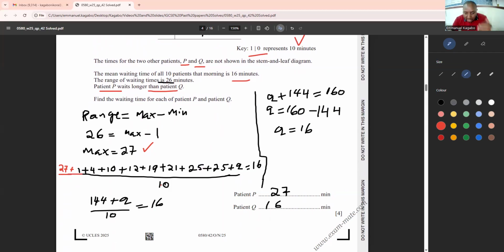There are 10. So when you add all of these terms, they give you 144 plus Q over 10 equals 16. When you cross multiply, that means 144 plus Q is equal to 16 times 10, and that's what gives you here. Then you collect like terms, and Q is going to be 16 and P is 27.